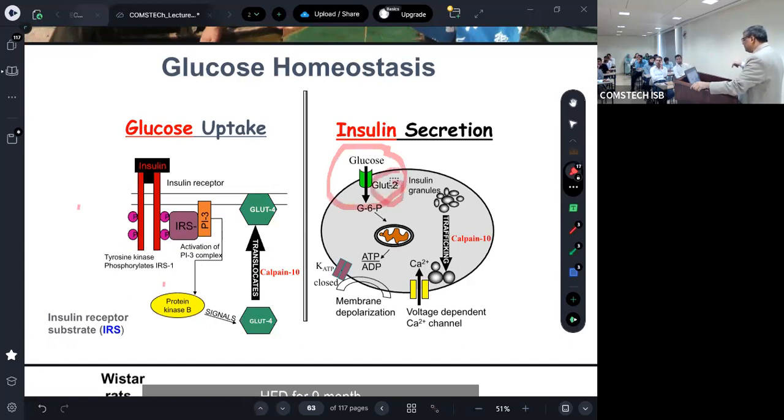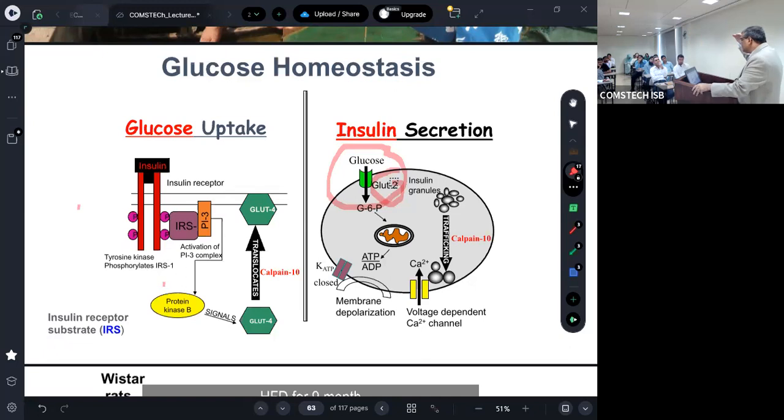Inside the beta cell, in the cytoplasm, glycolysis starts. Then in the mitochondria, the Krebs cycle is completed. What is the output of glycolysis? ATP. ATP is the energy. So by glycolysis, ATP is increasing.